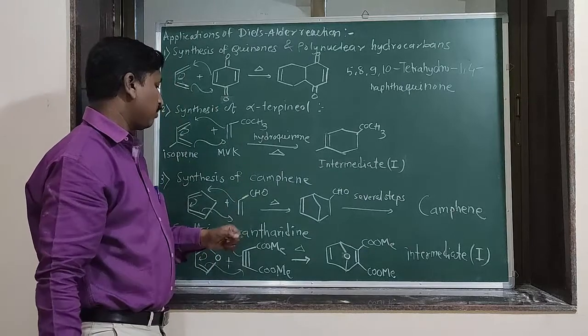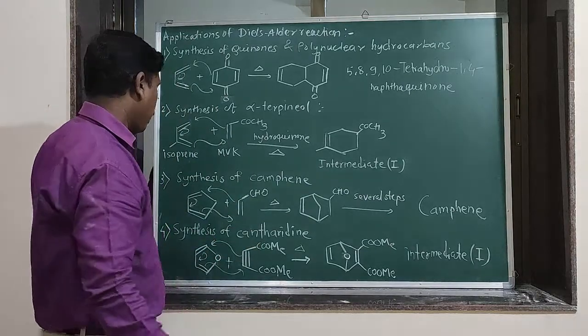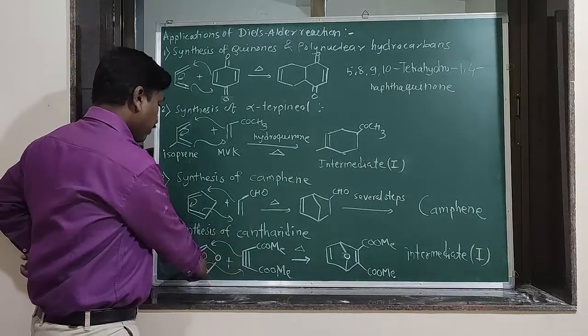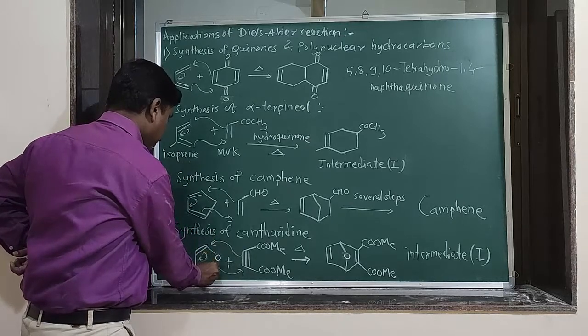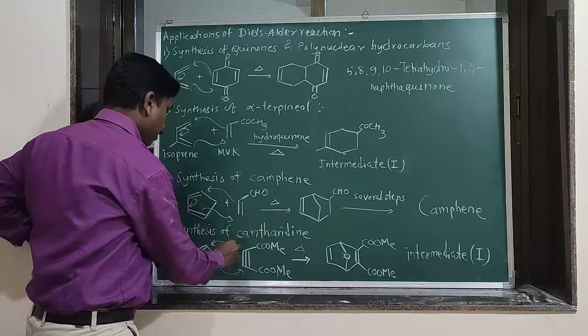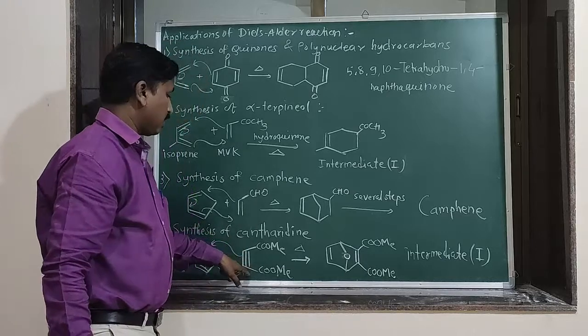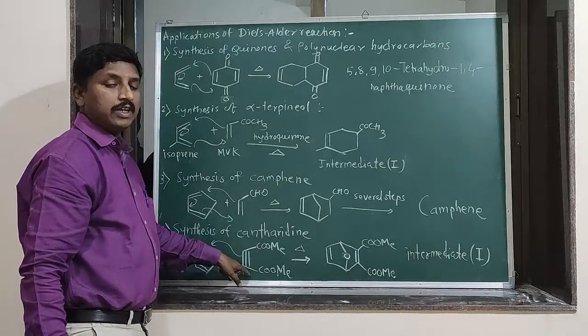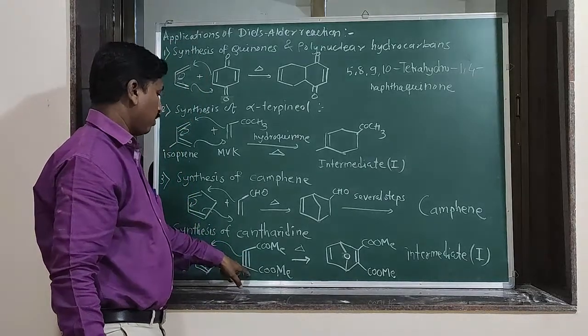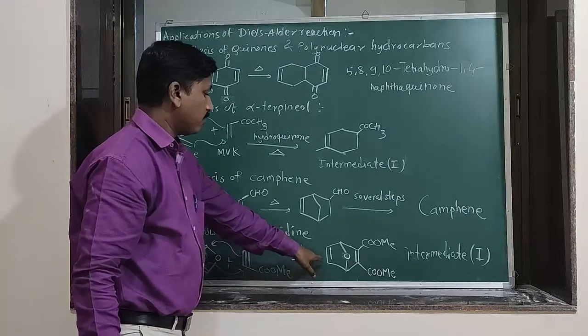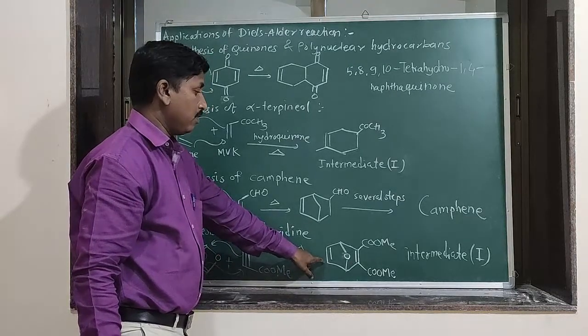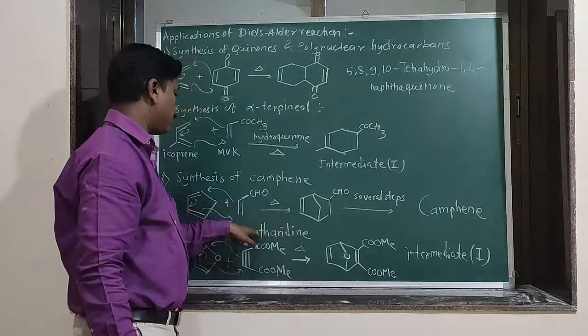Next one, the synthesis of cantharidin. This is furan. Furan is reacted with acetylene dicarboxylate, and it forms such an intermediate, which is used for the synthesis of cantharidin.